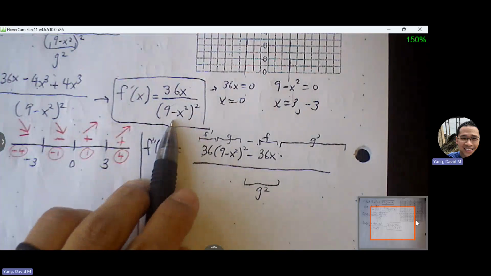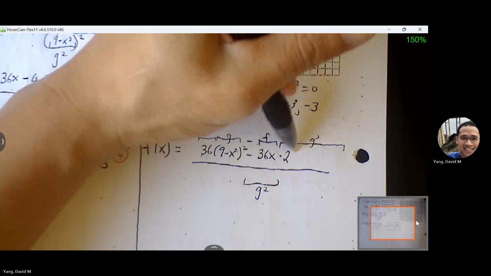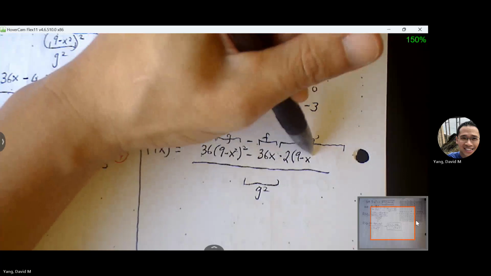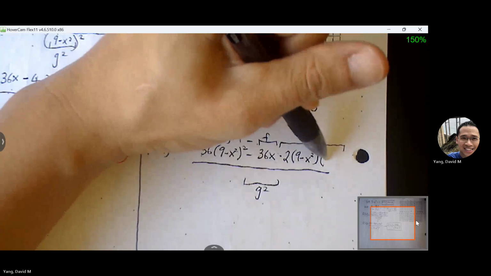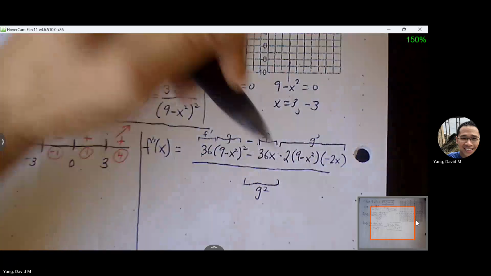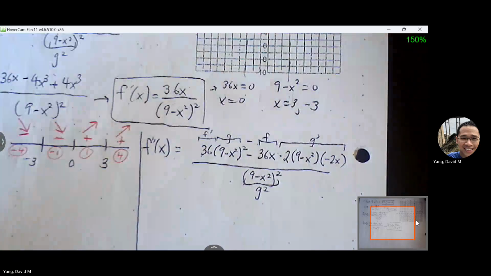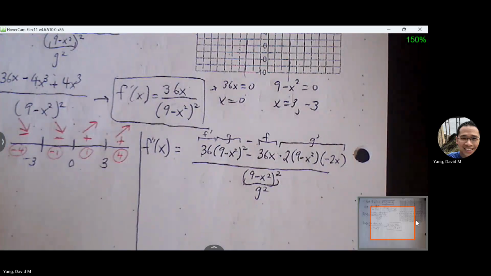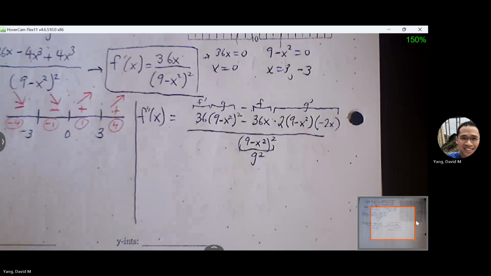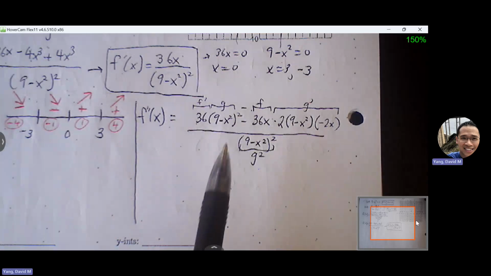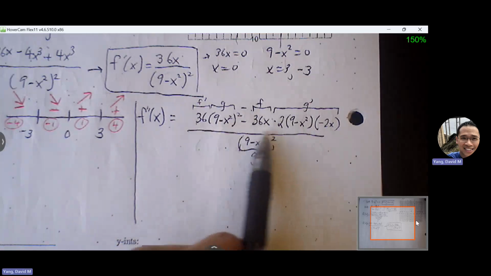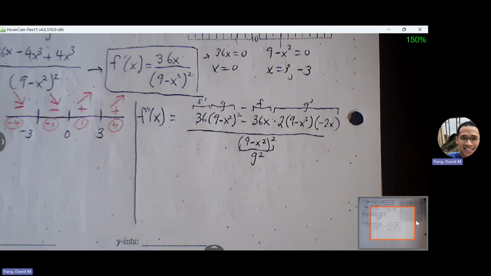Okay, outside derivative times inside derivative. Now, looking for critical points is a little messy here. Having to expand all this out is a lot of work, but there's a bit of a shortcut.